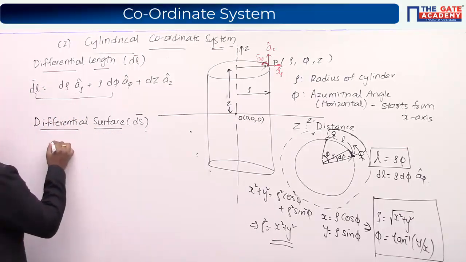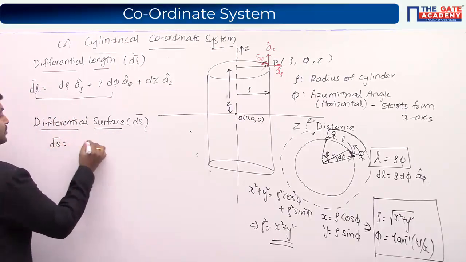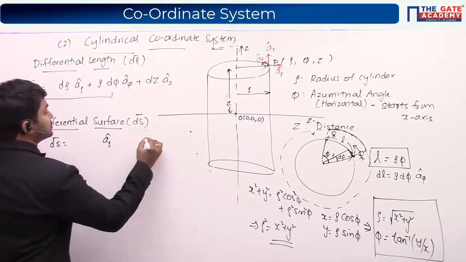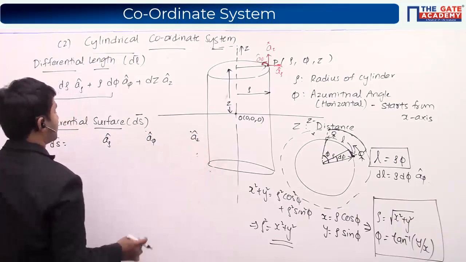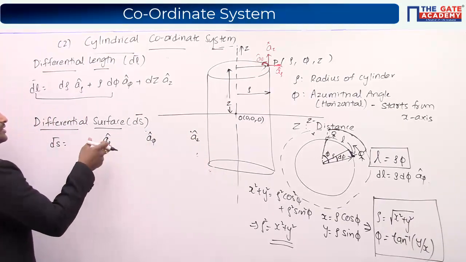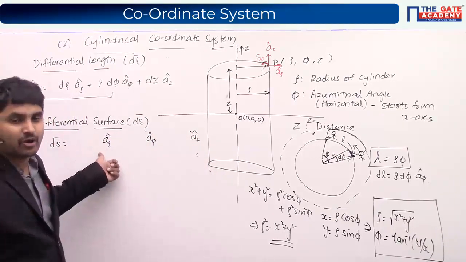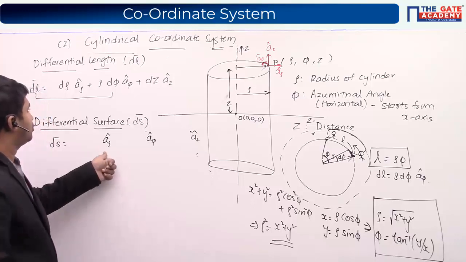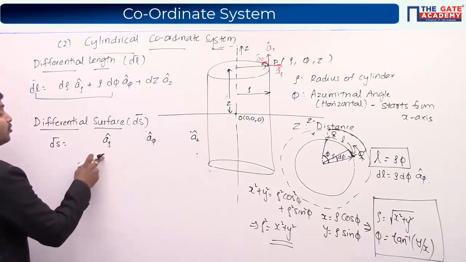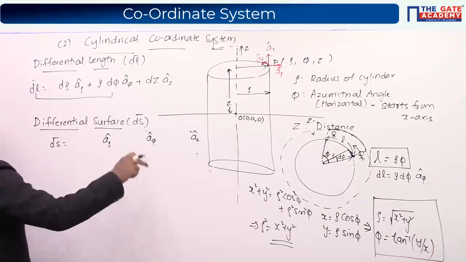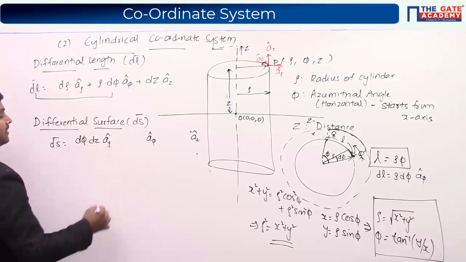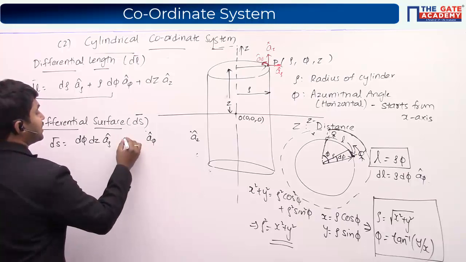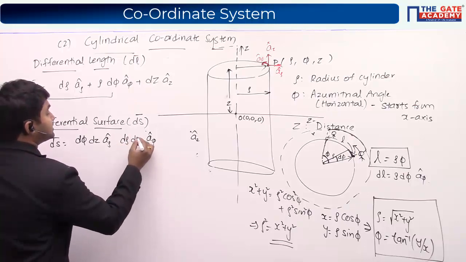So for the differential surface, we will of course have the three directions. Whenever I am talking about the rho direction, I will see the change in the remaining two coordinates. When I am talking about the phi direction, I will see the change in the remaining two coordinates.